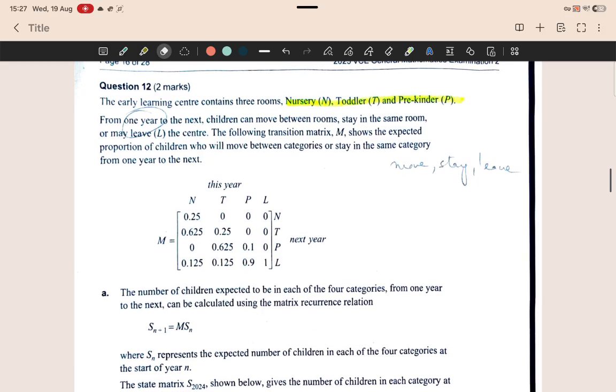The next question, question 12, says from 1 year to the next, children can move between the rooms. The following transition matrix shows the expected proportion. So M shows the expected who will move between these categories. Now the number of children expected.